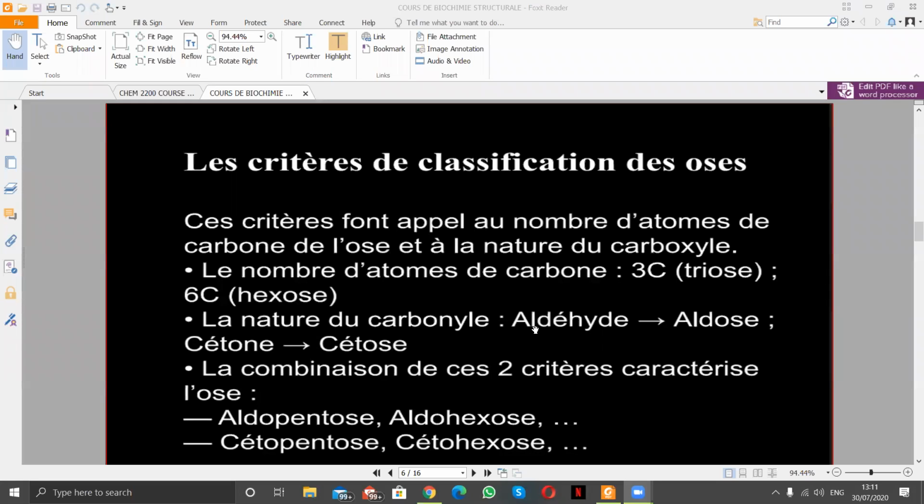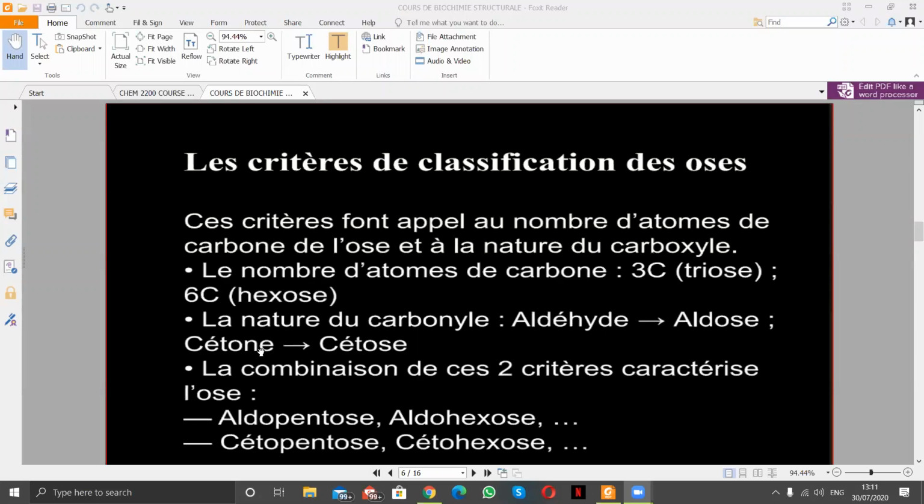Now for this carboxylic function in carbohydrates, we remove this and put the suffix for monosaccharide, and it becomes aldose.